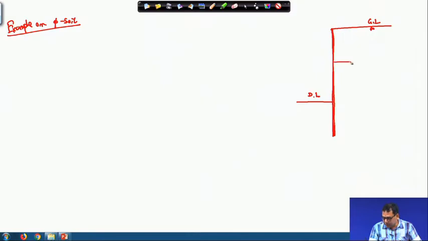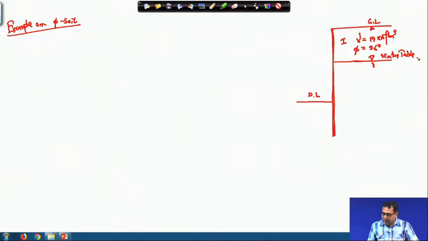This is layer 1, and the unit weight is given as 19 kilonewton per meter cube, the phi value is 36 degrees, and this is the water table. Basically it is a single layer, but the water table position is here.